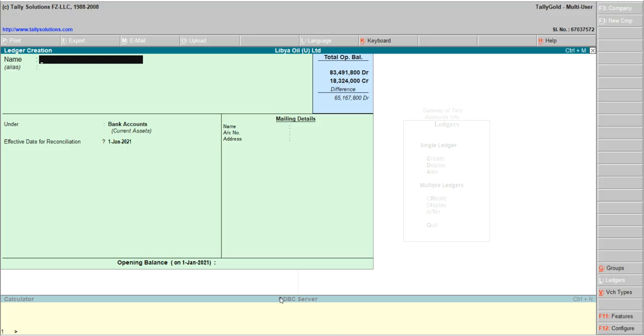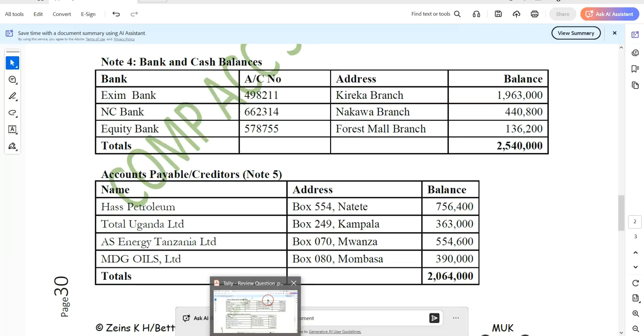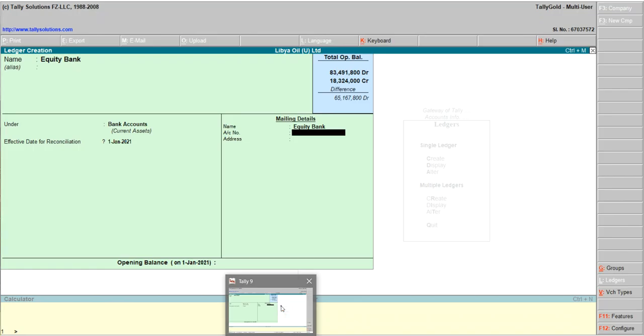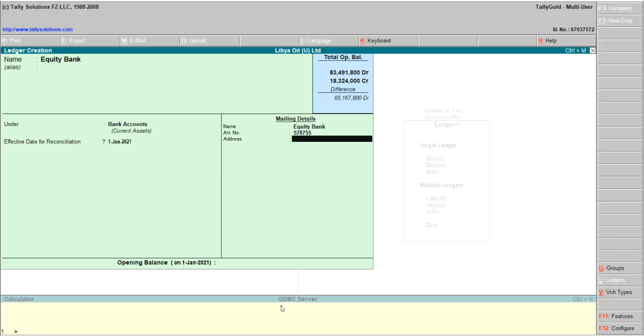Then next is Equity Bank. Account number for Equity is 578,755. Address, that's Forest Mall branch.